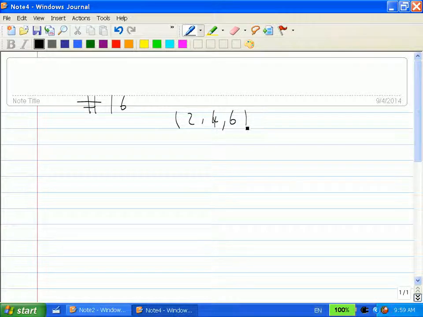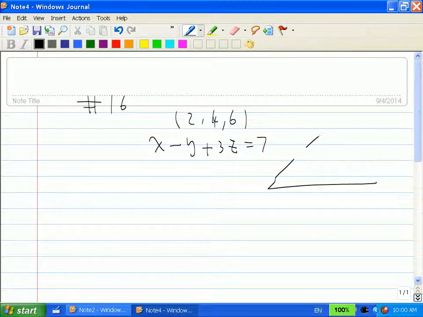The given plane equation is x minus y plus 3z equals 7. So we have been given a plane, and we're looking for a line perpendicular to the plane that at the same time contains the point (2, 4, 6).